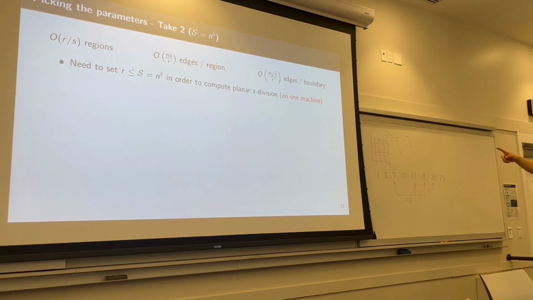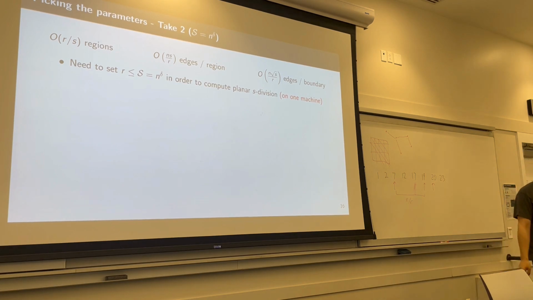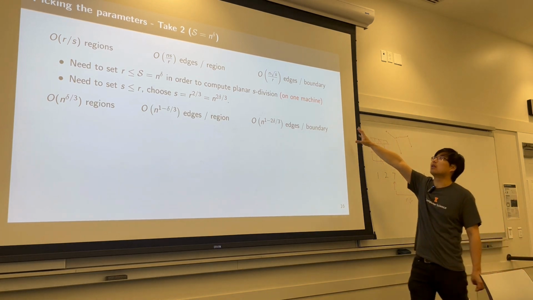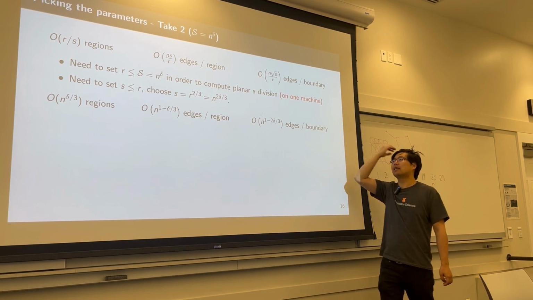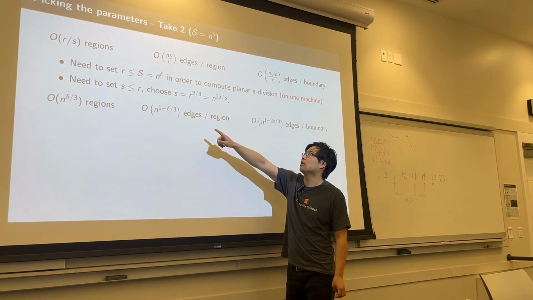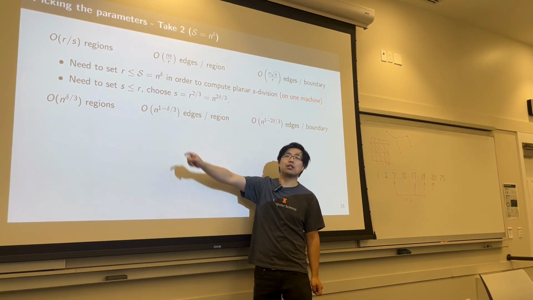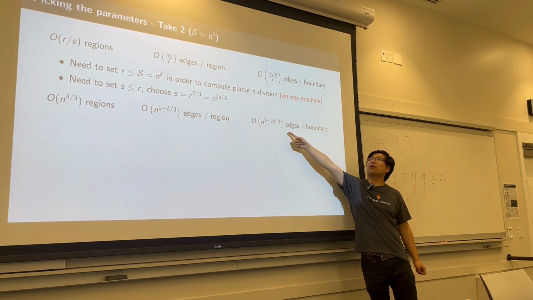So the technical detail is that we can only afford to set this parameter to be really small to fit everything on one machine, and you have to pick S to be even smaller. So if you apply one step of this separator, you're going to get a very small number of regions, let's say n to the delta over 3. You're going to get lots of edges in each region, n to the 1 minus delta over 3. And you'll get slightly fewer edges on the boundary.